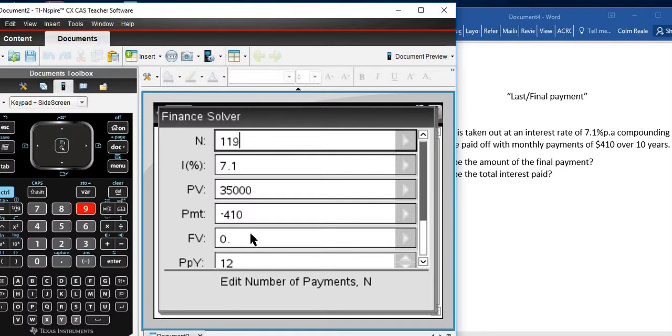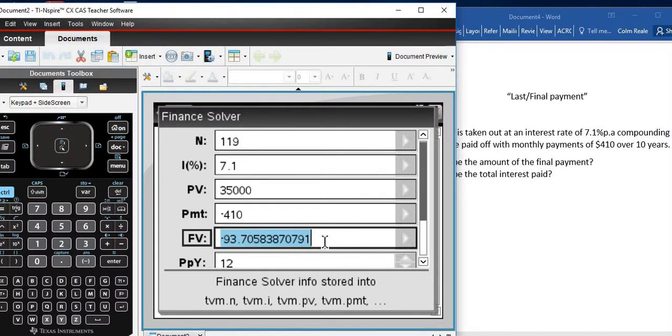After 119 payments, we still have $93.71 left to pay off on this loan. We've got the amount owing before we make the last payment, and the bank is still going to charge interest on that. So let's do it that way first.